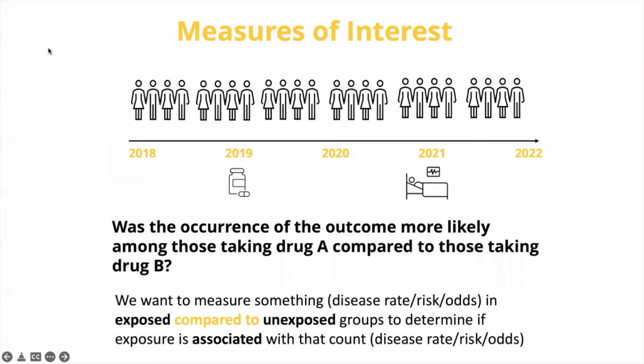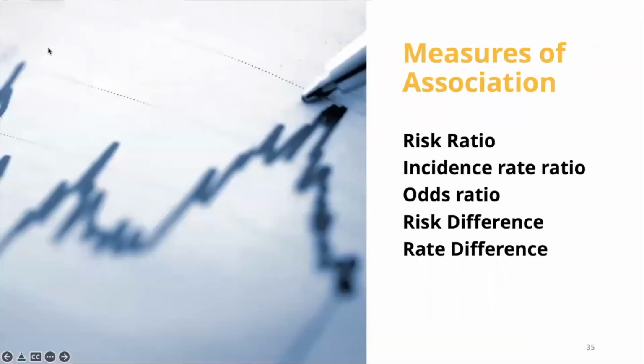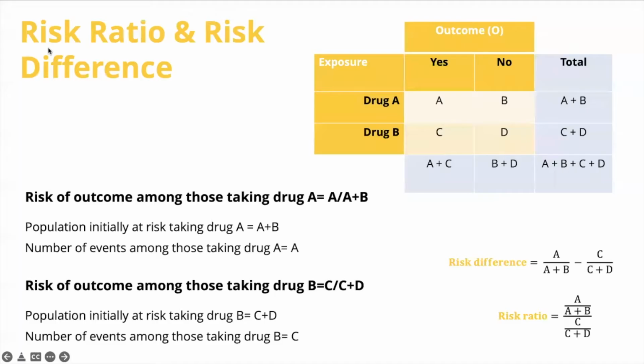So in order to answer this question, we want to measure something like a disease rate or risk or odds in exposed people compared to unexposed people or the comparator group to determine if the exposure is associated with that particular outcome. So in order to do that, we can calculate things called measures of association. These include things like risk ratios, incident rate ratios, odds ratios, risk differences, and rate differences.